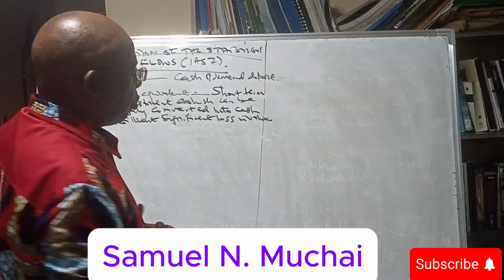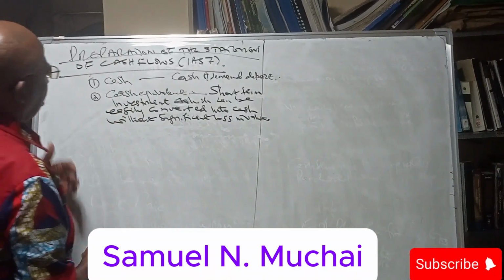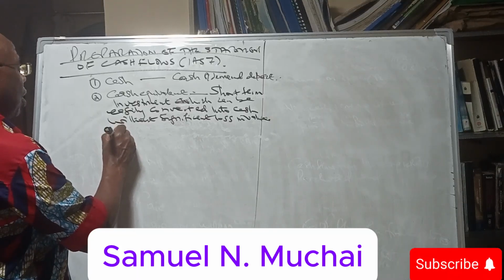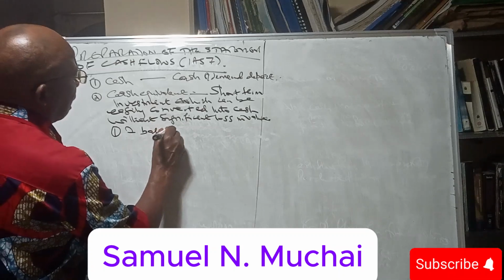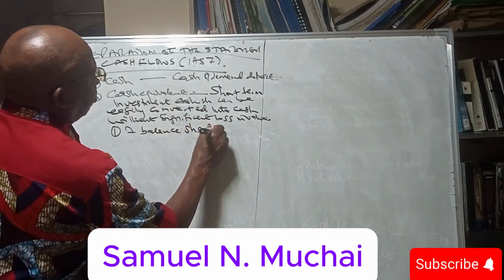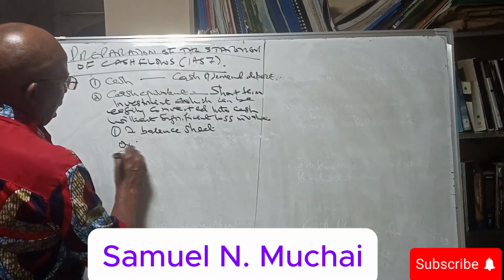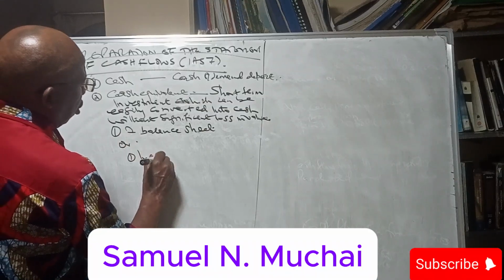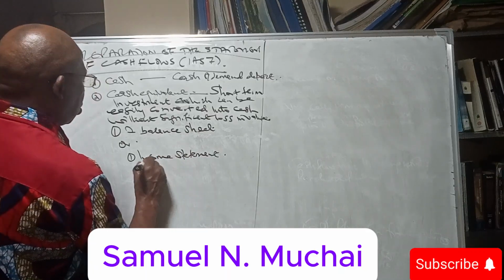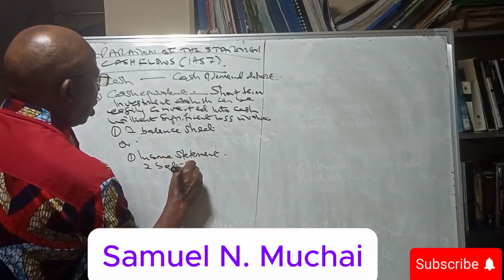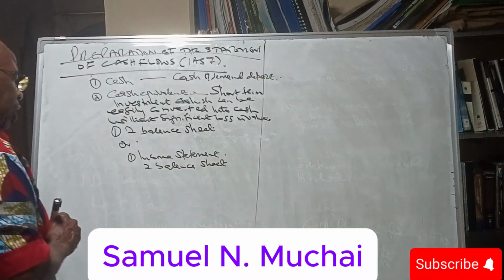The first thing, when you get a statement of cash flows examination, you will be given either two balance sheets and told to prepare the statement of cash flows, or you'll be given an income statement and two balance sheets, or statements of financial position.